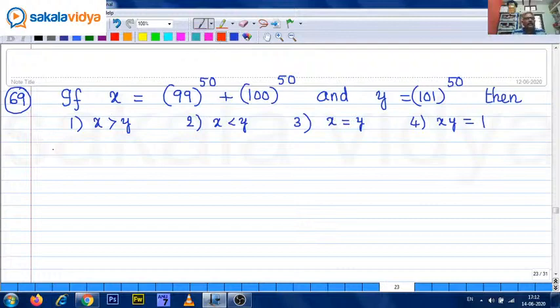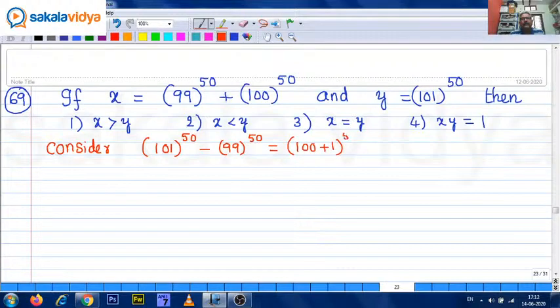Here, consider 101 to the power of 50 minus 99 to the power of 50. This can be written as (100 plus 1) whole to the power of 50 minus (100 minus 1) whole to the power of 50.